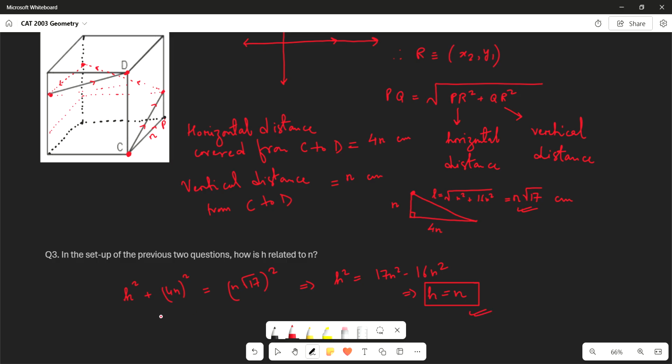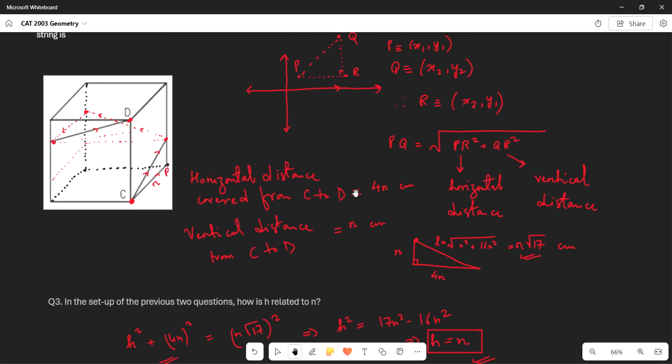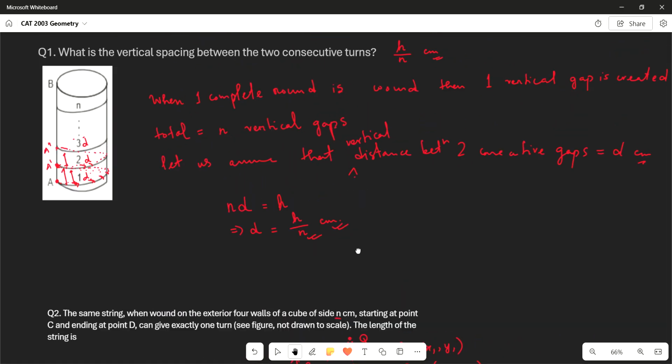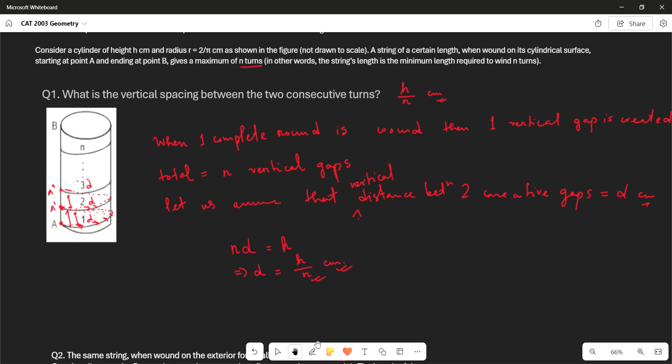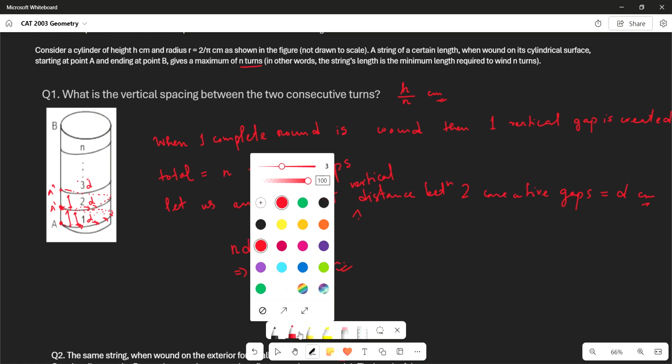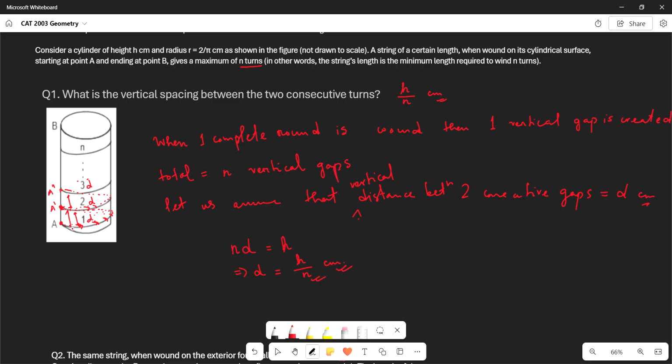How did I get this equation? Just see this. What is the length of the string? Length of the string is root 17n, right? Focus on the first question. This question is also not easy. The vertical distance covered is h, clearly h.